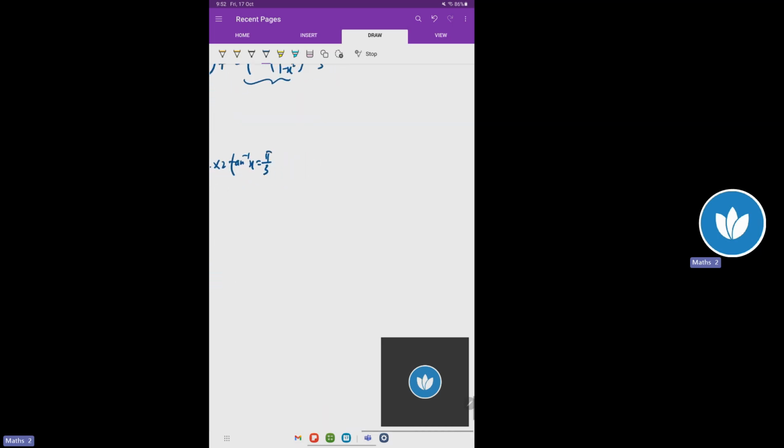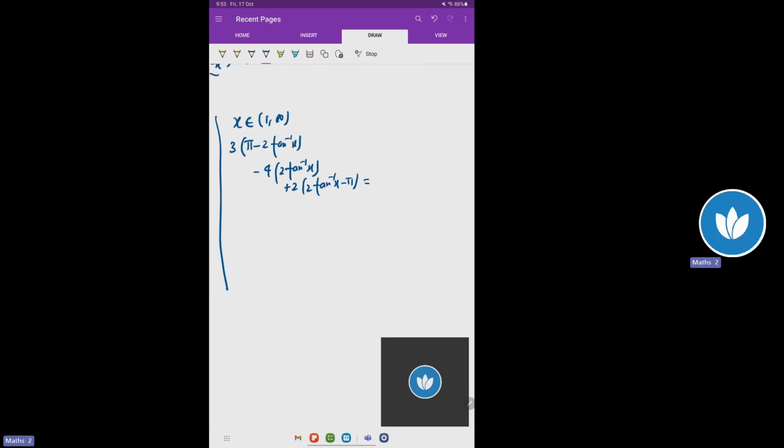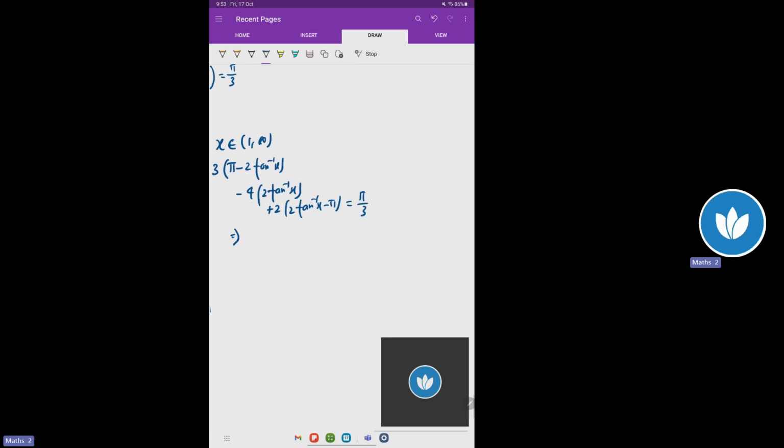Yes. Now let's deal with the other case, if x is greater than 1. Now how can we break the first? Sine inverse of 2x upon 1 plus x square can be replaced with pi minus 2 tan inverse x. Another one we can replace with 2 tan inverse x, and the third one we can replace with 2 tan inverse x minus pi. Okay, so this is equal to pi by 3 actually. What formula am I using? The earlier two formulas I have written already. So the tan inverse formula I am writing here.